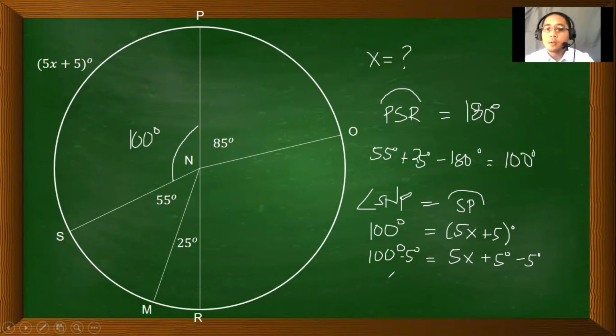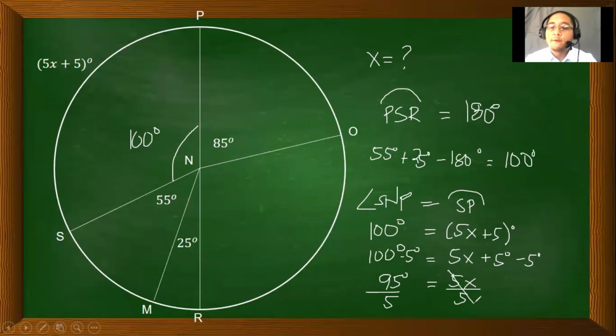So the result now is equivalent to 95 degrees equals 5x. Then eliminate now the 5. So therefore, the result is 19. So our x value is 19.